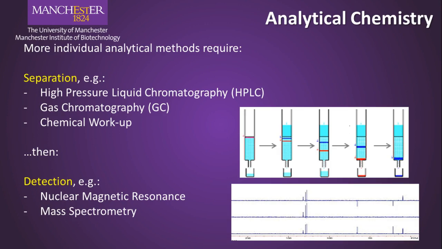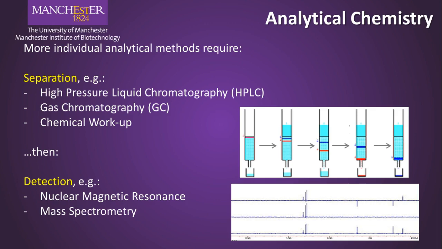In cases where a simple assay is not available, the reactants and products may need to be separated and detected individually to see if the reaction has worked, and also to what extent. Examples include chromatography, whereby reaction mixtures are run through a column which separates compounds based on their chemical properties.